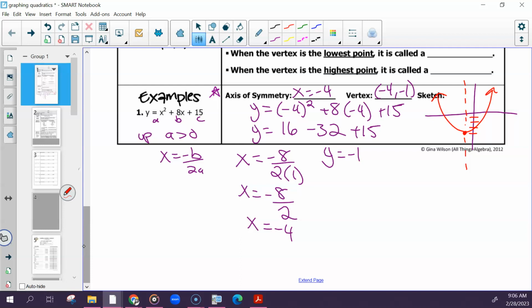So negative, oh yeah, I did that so backwards. Okay, let's fix that. If you did what I just did, you have to rewrite.